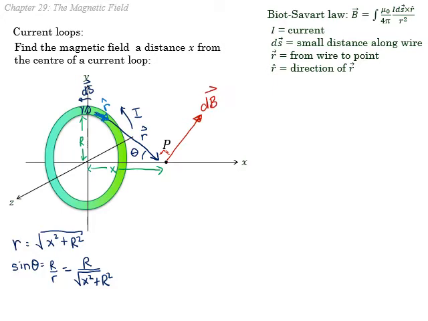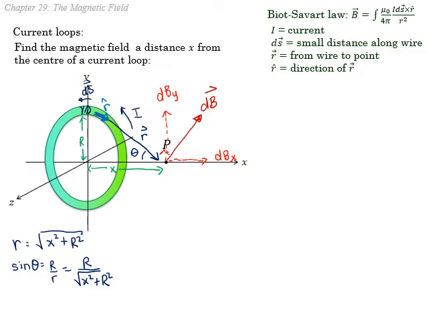So there's dB. dB has components because it is a vector. The x component is to the right, and the y component is straight up. This particular bit of ds doesn't make a z component because I picked it where z was equal to 0.